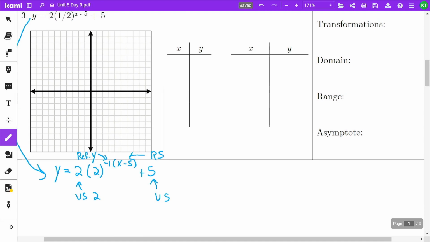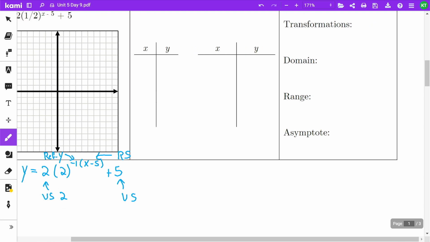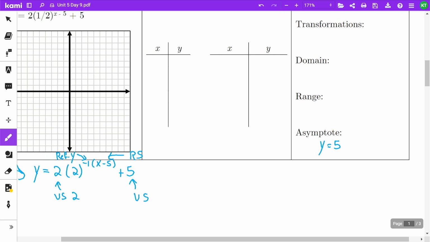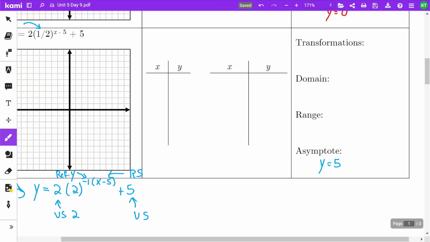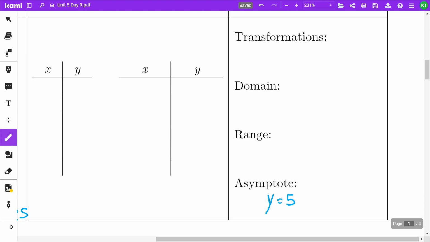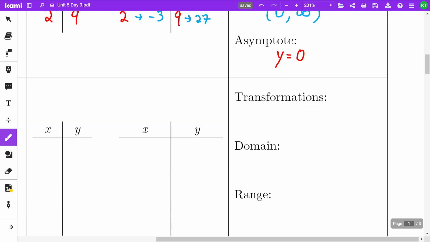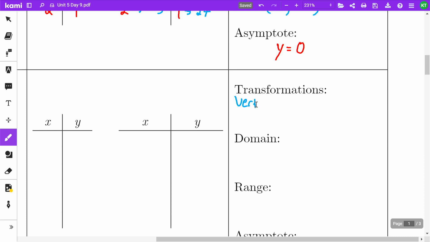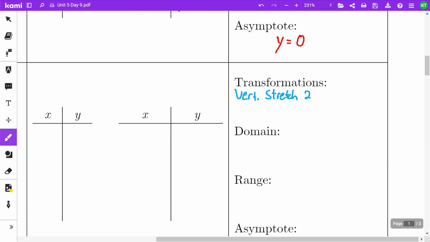So first, let's knock out my asymptote. I do have a vertical shift of 5 going up 5, so my asymptote will be at y is equal to 5. Now for my other transformations, I'm going to write them out completely now. My vertical stretch of 2.